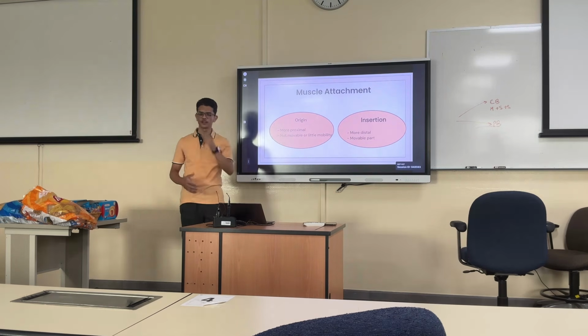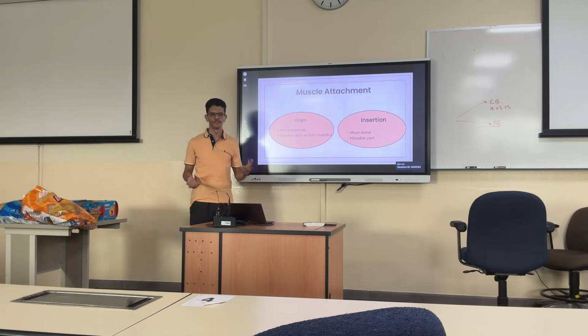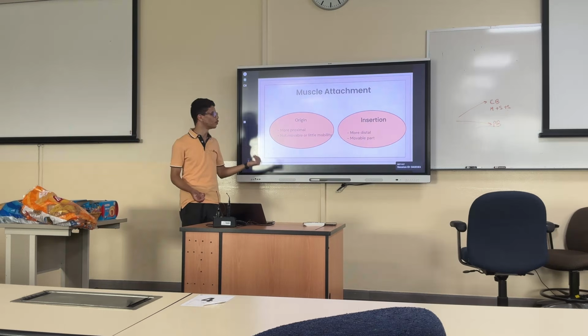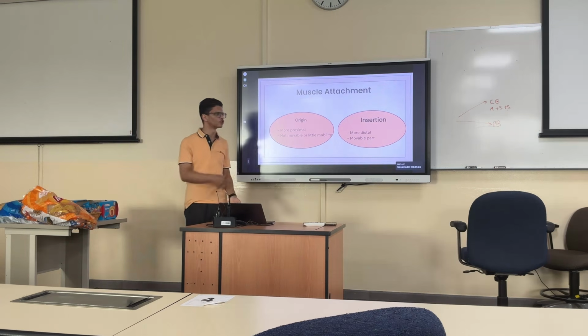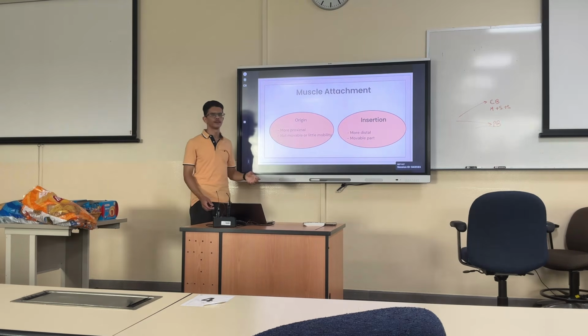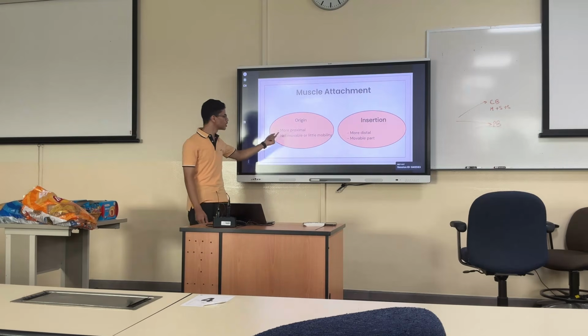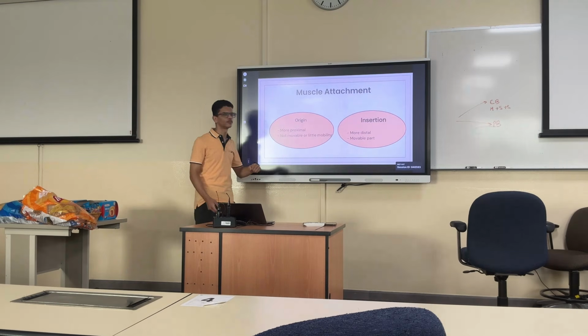So, muscle attachment. As we just said, muscles aren't floating freely. They are attached to bones, especially the skeletal muscles which we are discussing. So we have 2 points of attachment for a muscle. One is called the origin, and one is the insertion. The first one, the origin, is more proximal to the body.